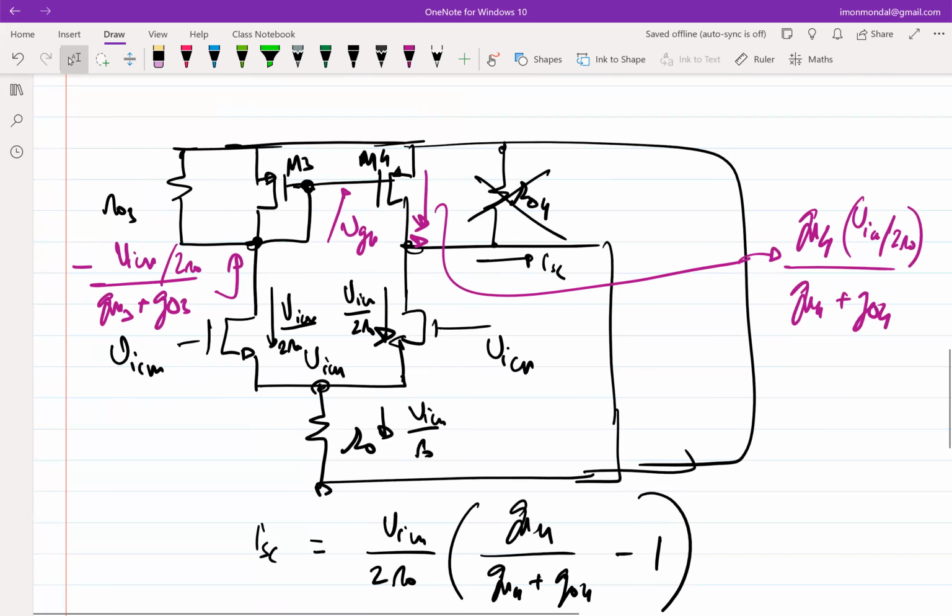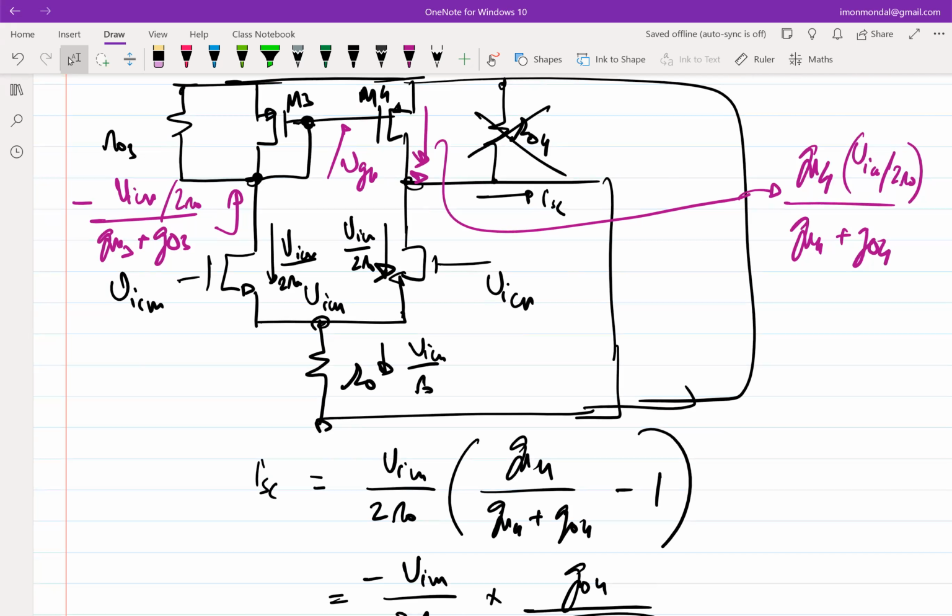Now one might argue, why is this done by only neglecting the current that is getting mirrored? I can also do the analysis by not neglecting the current that is flowing here and there, because some part of the current goes here. We have not neglected the channel modulation of M1 and M2.